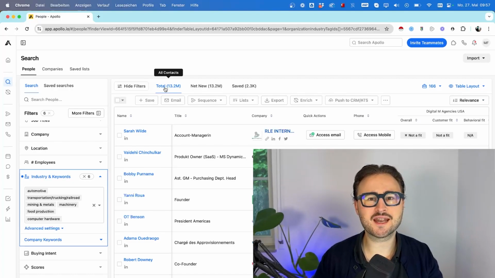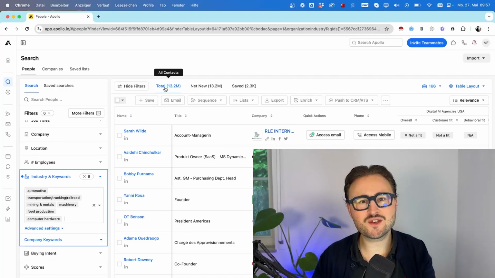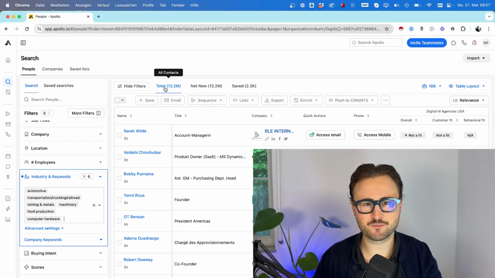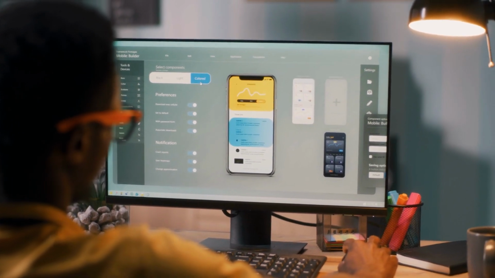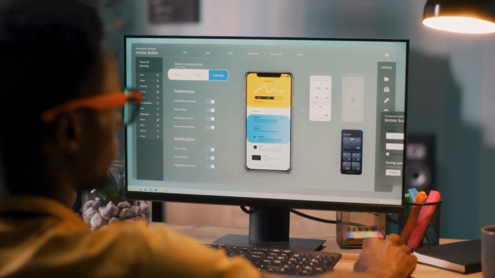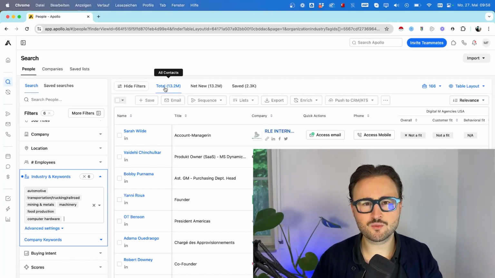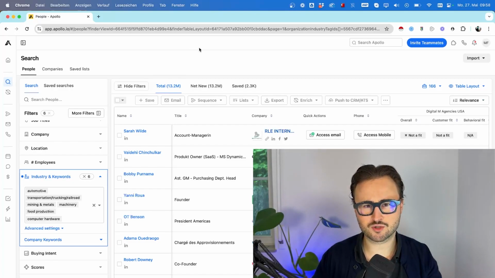And what is important now is that you take the average revenue you can get per customer. So for example, you have a software and the starter plan is $1,000, and the professional plan is $10,000. And on average, the revenue per customer per year is $3,000. So that's the average revenue you want to take.